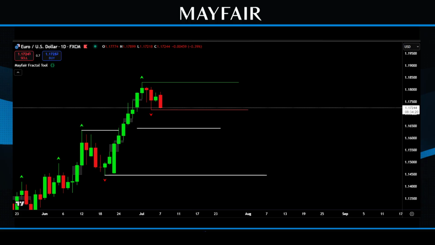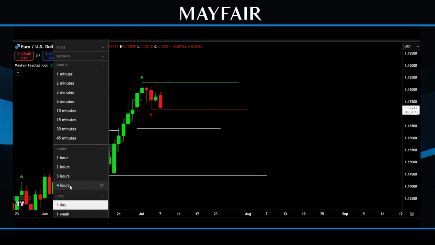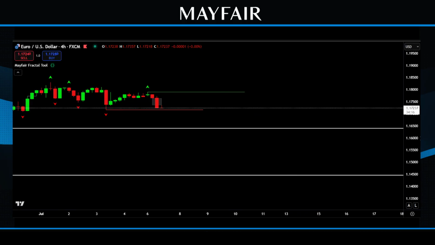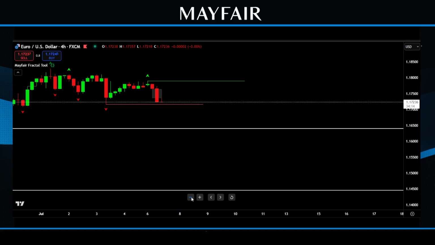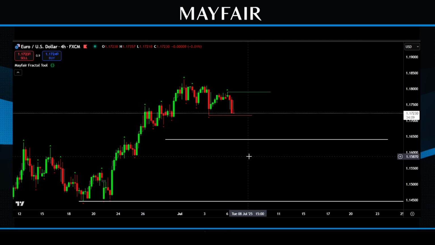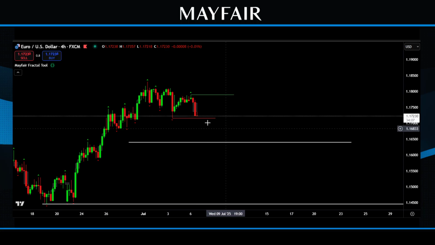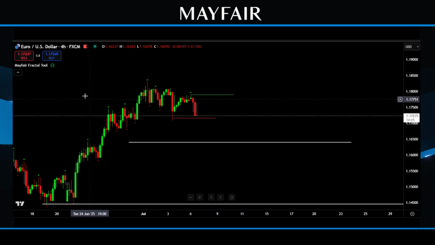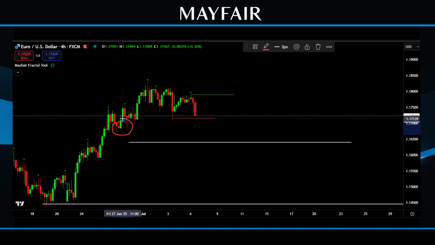How you can use this to your advantage is like this, right? So if I was to drop down to a smaller time frame, get my pen off, then all I'm looking for is the fact that we want to go under the 50%. We just delete this one. We want to go under the 50% marker of the discount range. We are looking for areas of liquidity. Well, clearly there's going to be liquidity underneath these.